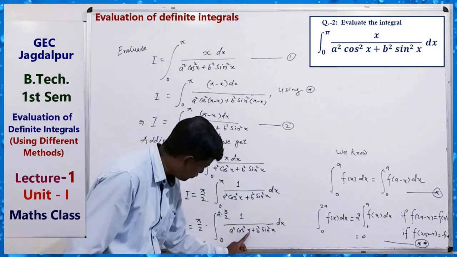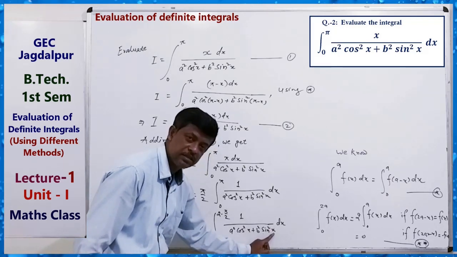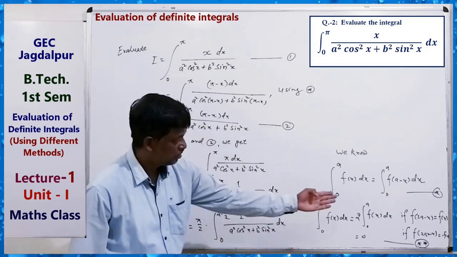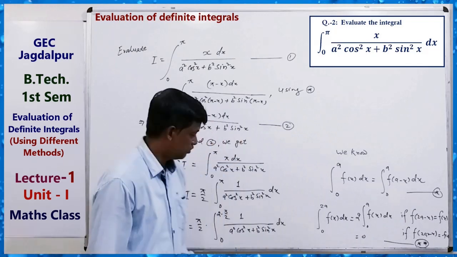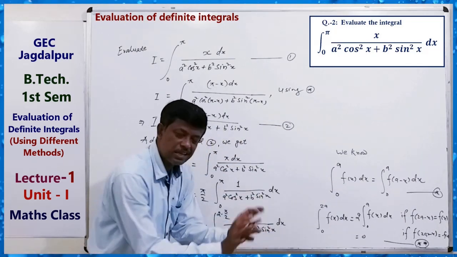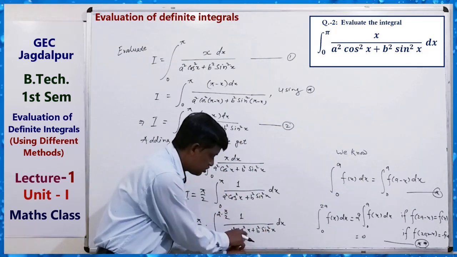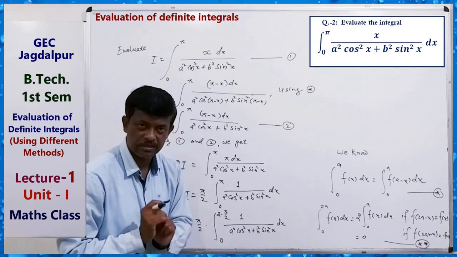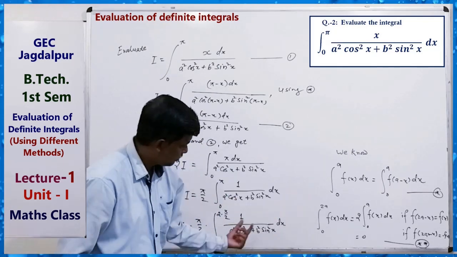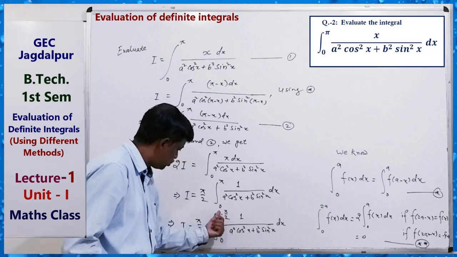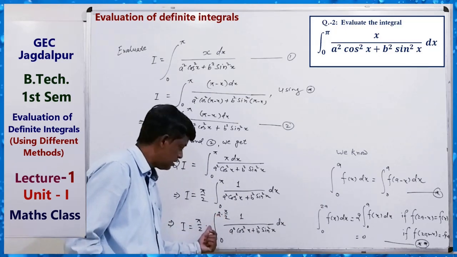If we put here pi minus x, this will give the same value, if we put x equals pi minus x. So by using this property, this can be written as 2 going to the outside, and 0 to pi by 2.